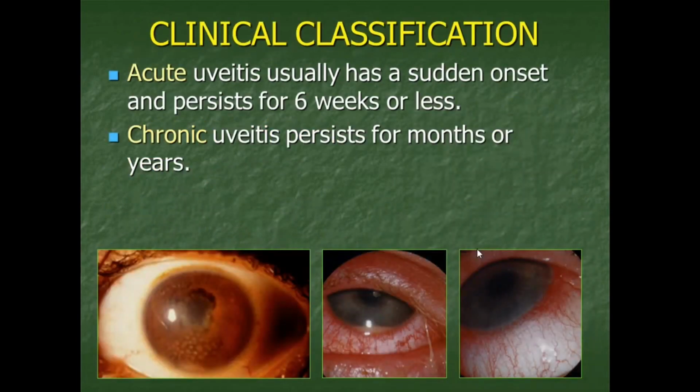Clinical classification of uveitis: acute uveitis, which lasts less than 3 weeks, and chronic, which lasts more than 6 weeks.